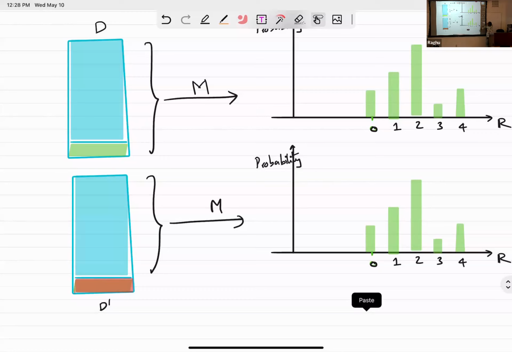So if you line up these two things entry by entry, the height of the zero bar here should be close to the height of the zero bar there. Every probability should be very close.